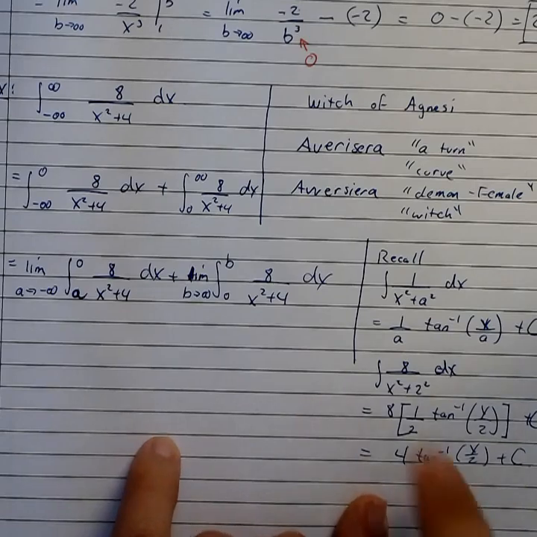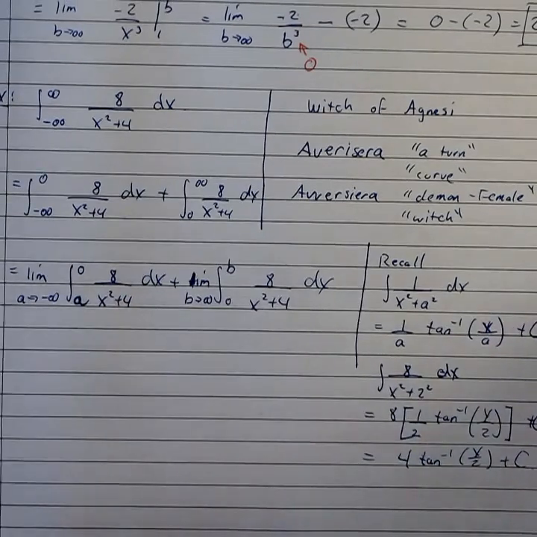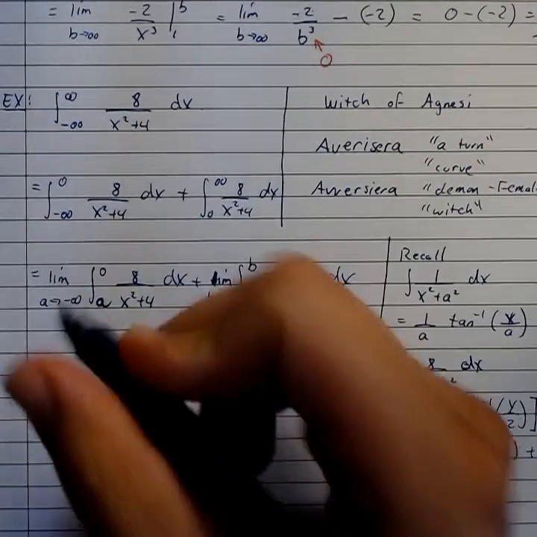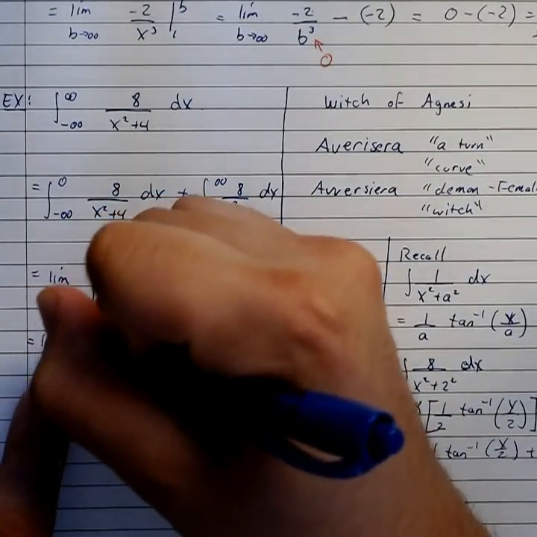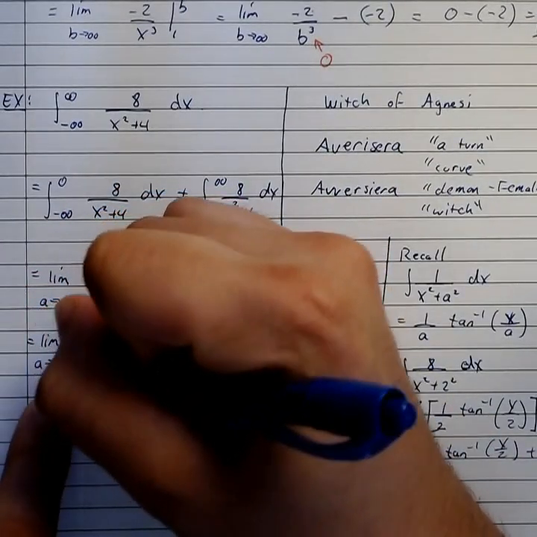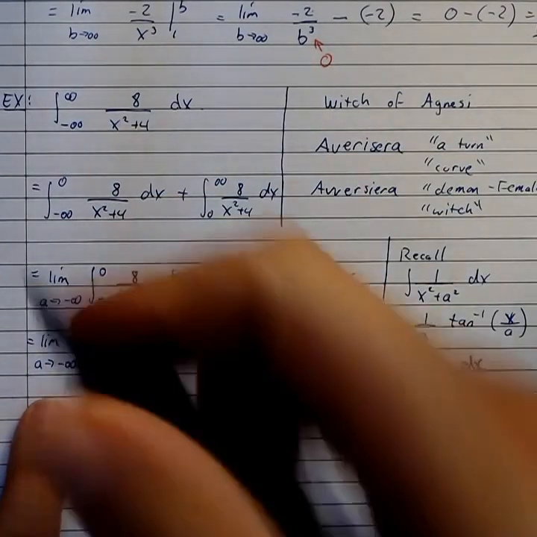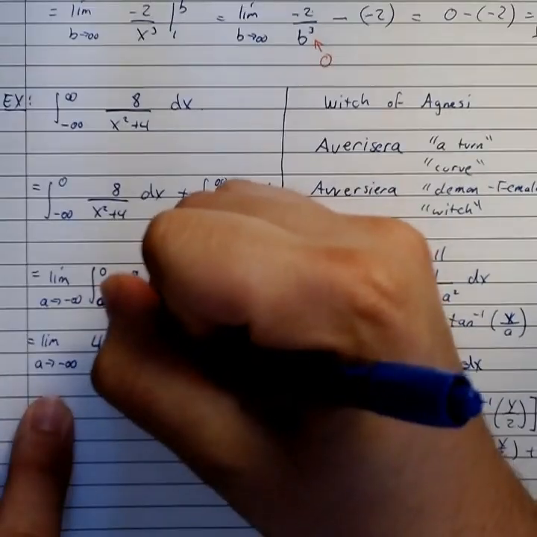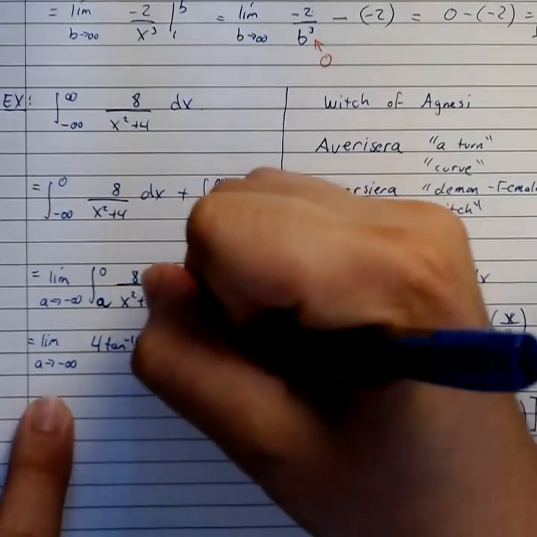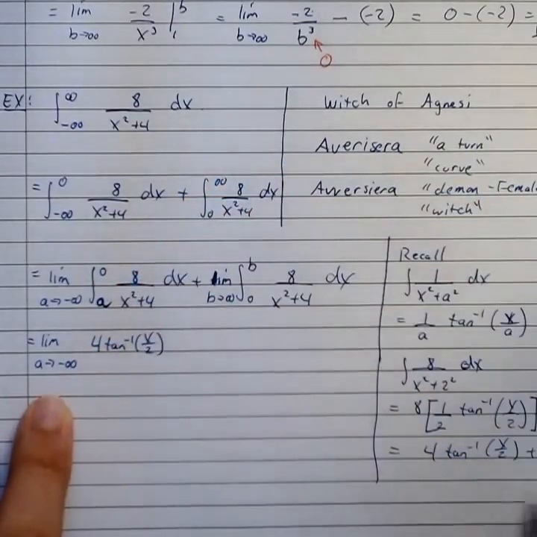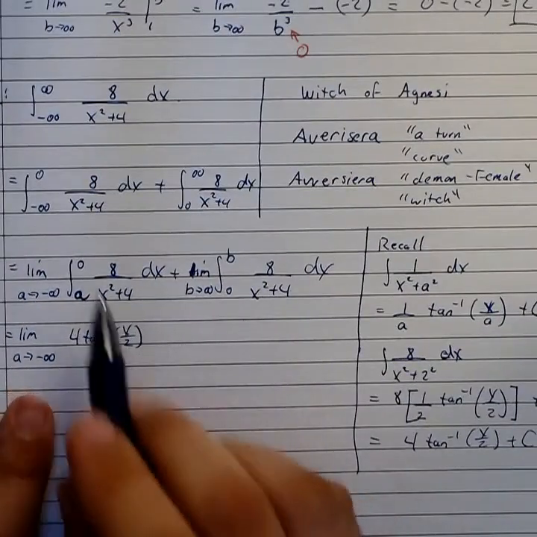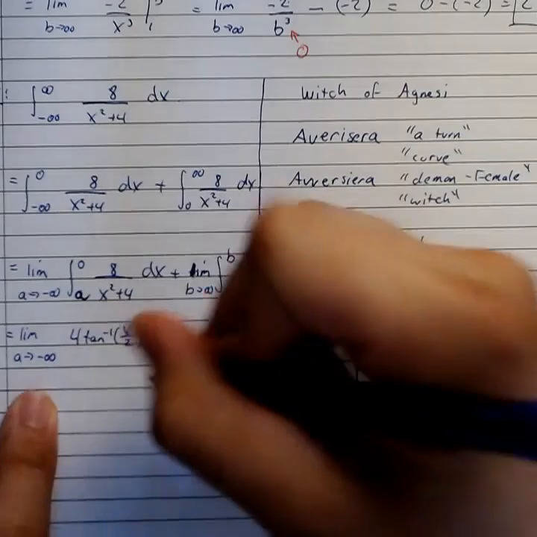If that's our antiderivative, we can use the fundamental theorem up here with that. So this will be equal to the limit as a approaches negative infinity of, well, we know our antiderivative, 4 times the arctangent of x over 2. We don't need that plus c. This is a definite integral, so that constant would subtract away.